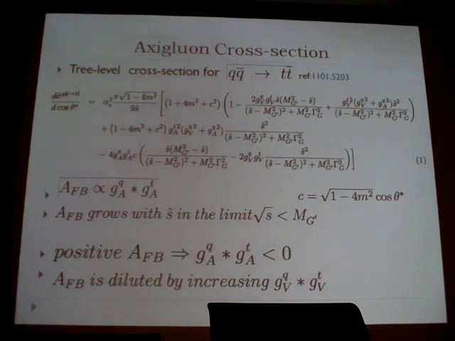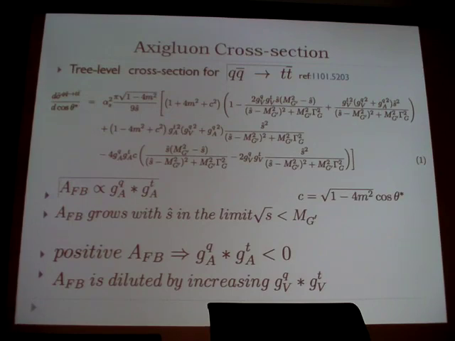For this spin setup, the amplitude for the forward event should be larger than the amplitude of the backward event, right? And since the asymmetry is generated from the interference between the standard model and the Axigluon, if the amplitude from the Axigluon cancels the amplitude from the standard model, there would be a larger interference effect.